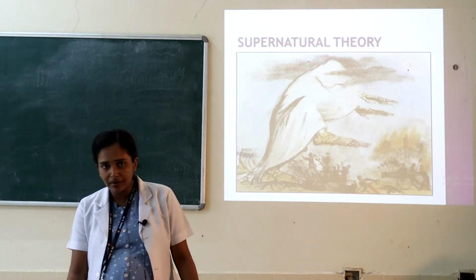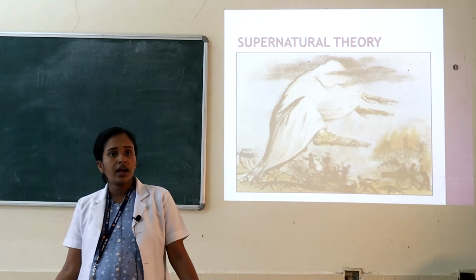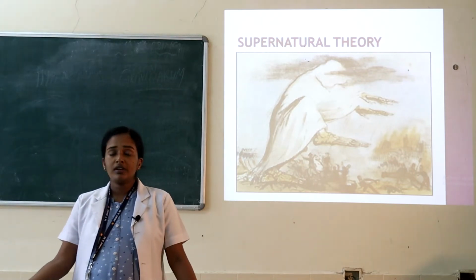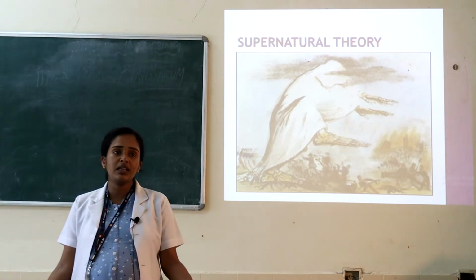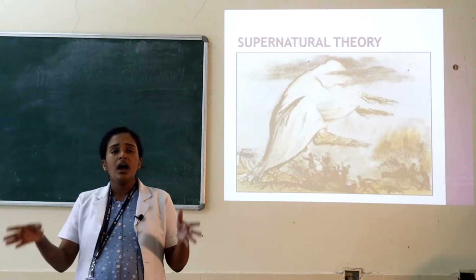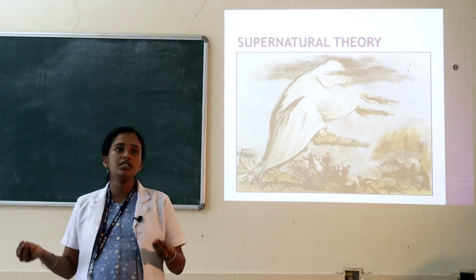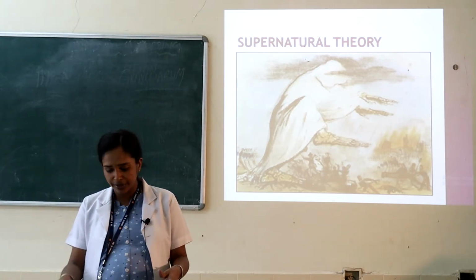The primitive people were illiterate, with a lack of awareness and education and a prevalence of superstitious beliefs. Because of these factors, their attitude and perception towards disease was different.